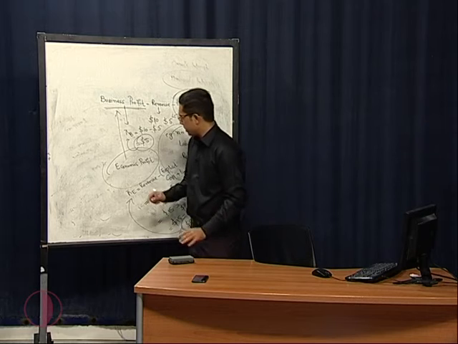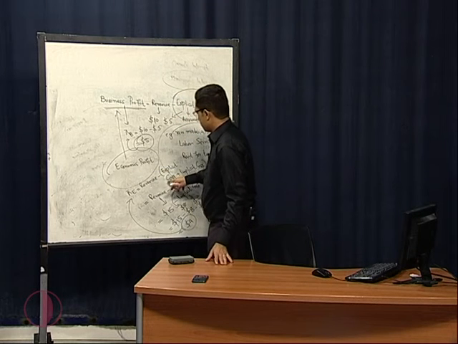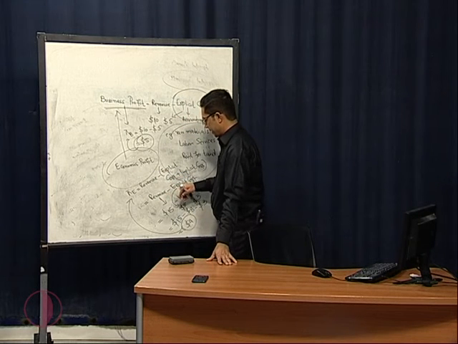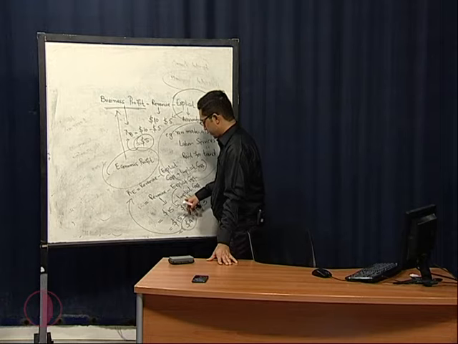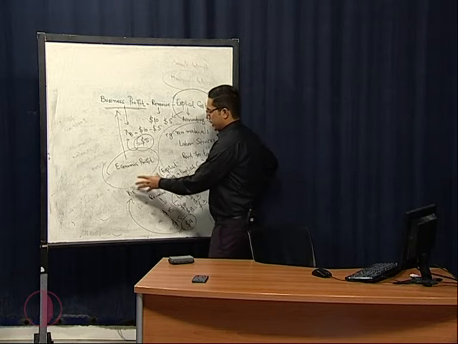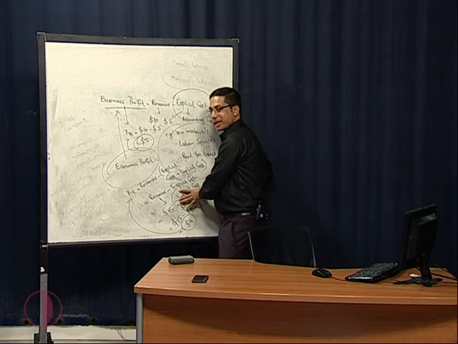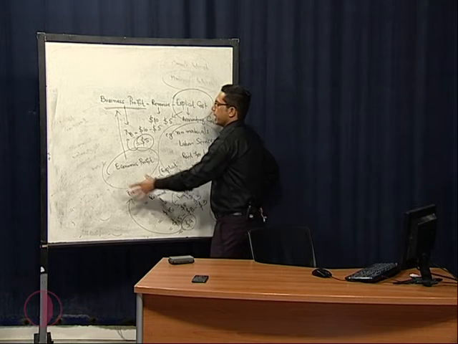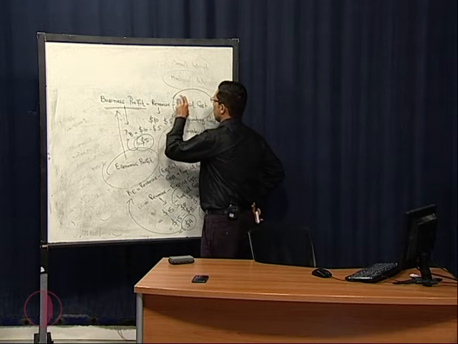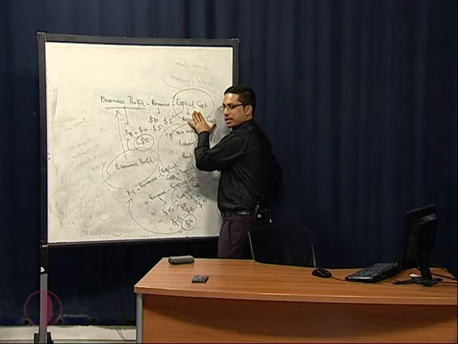So economic profit means total revenue of the firm minus explicit cost and implicit cost. So in the economic profit, we are also including the implicit cost of the production. In the business profit, we are only including explicit cost.